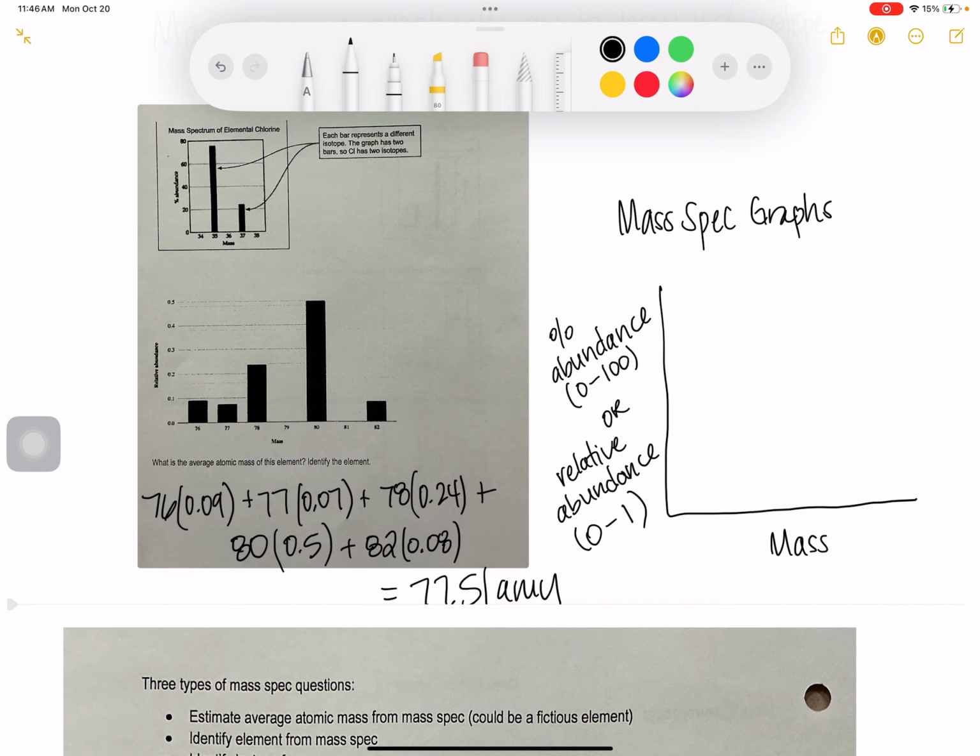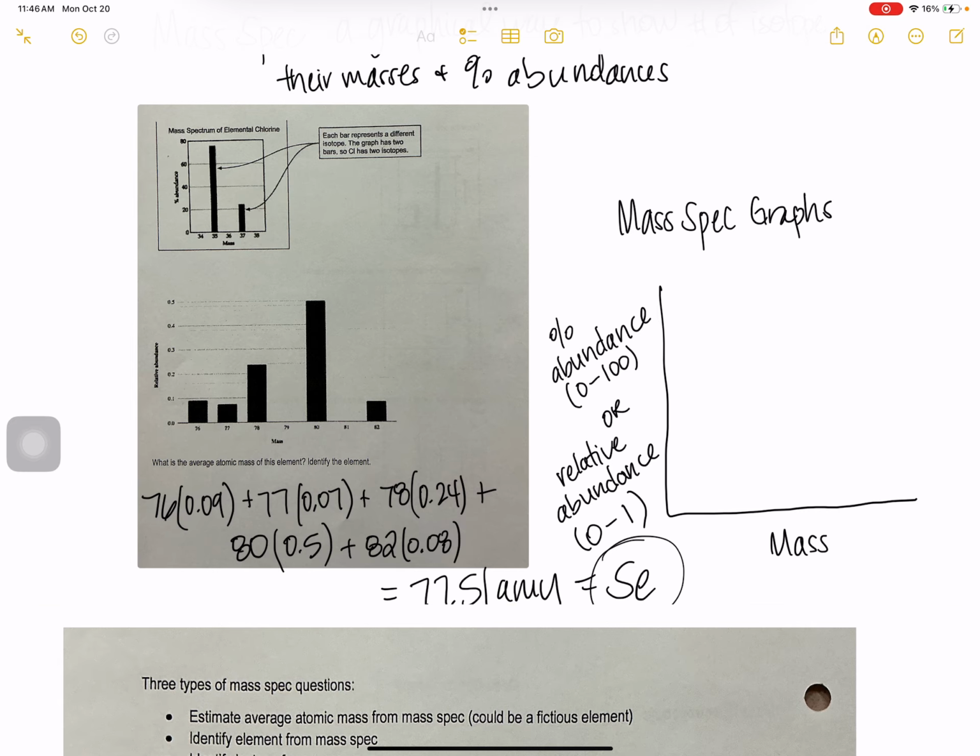If we go to our periodic table and look for whose mass is closest to 77.5, it's not exact, but we see that Se is the closest one, and so we're going to identify our mystery element as that. So that's how to do a weighted average calculation from a mass spectroscopy graph. From here, I want to look at a couple of similar yet different problems on what you could be asked from a mass spec graph.